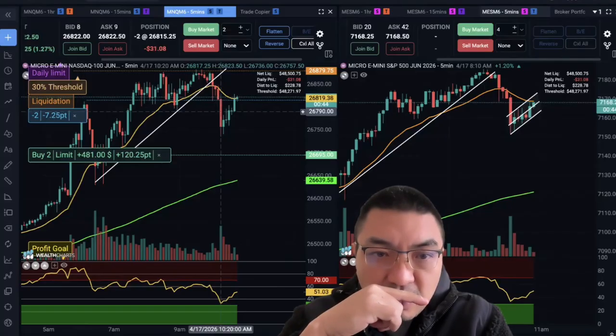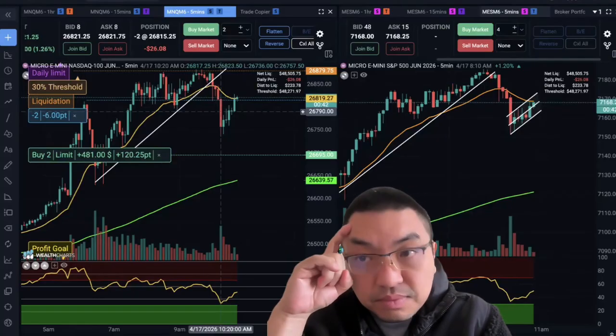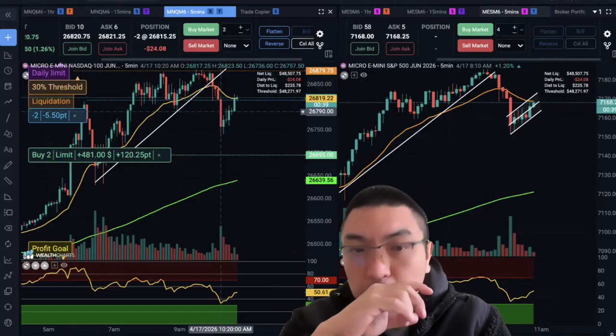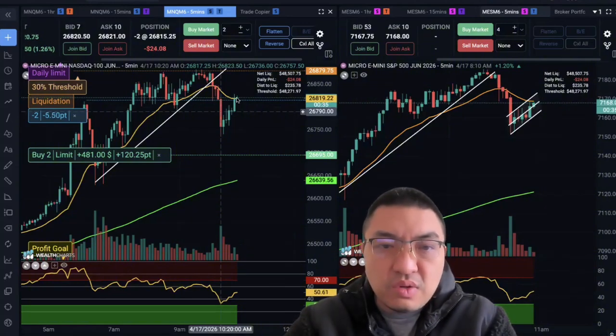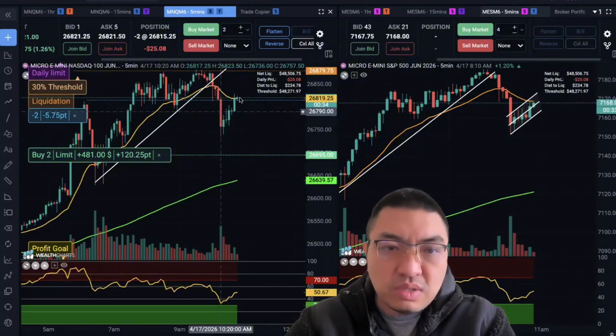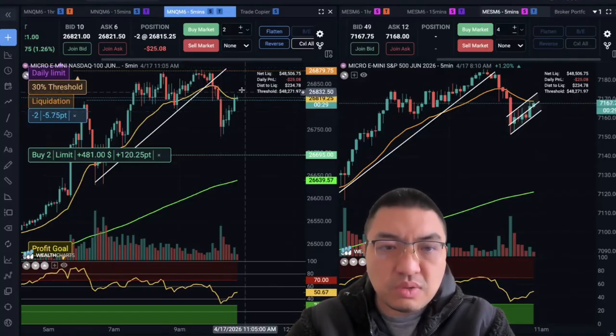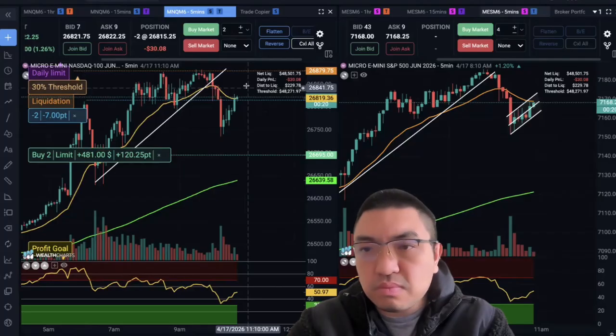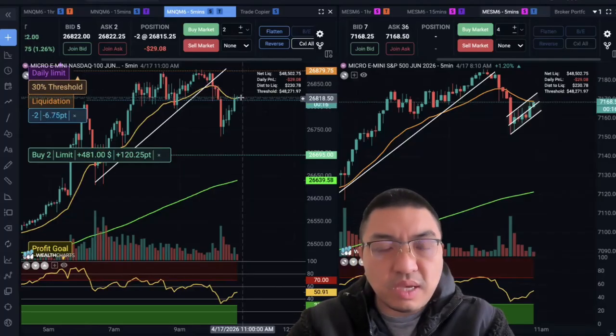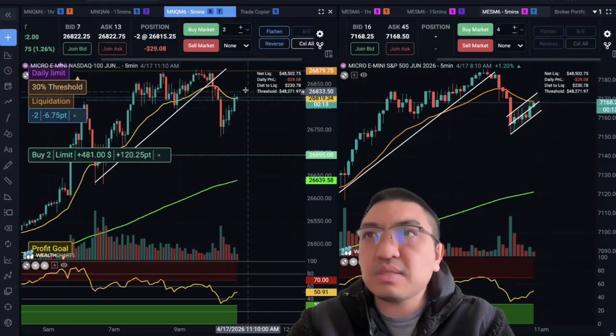But NQ cannot create a higher high this time. So last minute, we'll see. This could be a consolidated candle, or the next candle will be a stretch or reverse. So maybe we can set a stop loss here, because NQ seems unable to create a higher high.